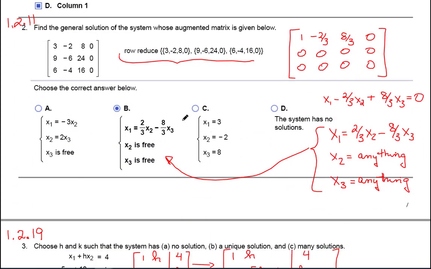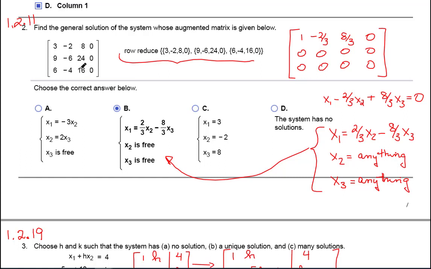In question 2, again, I've got a matrix here. We would have to do some trickery because I can't get a 1 easily. If I divide this row by 3, I would end up with fractions. Similarly, if I divide these rows by 9 or 6, I would get ugly fractions.